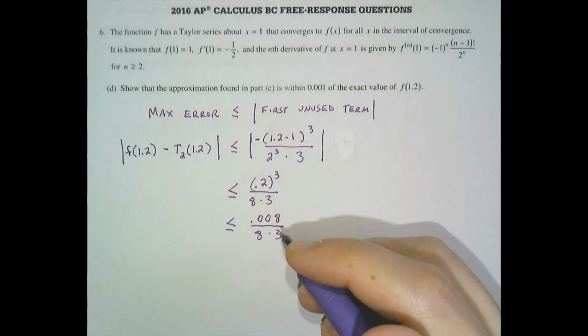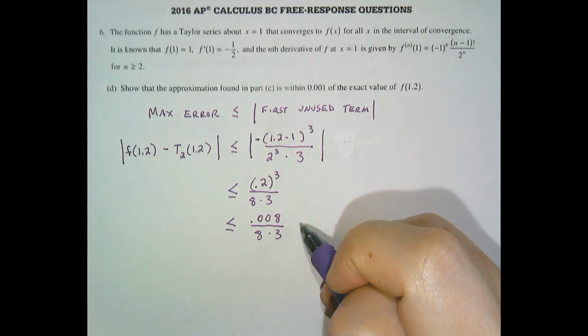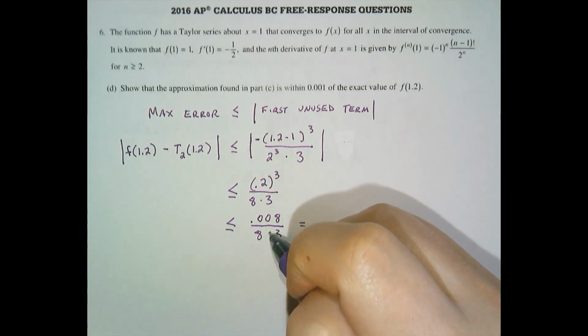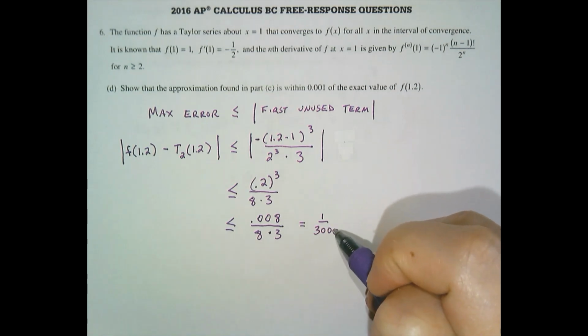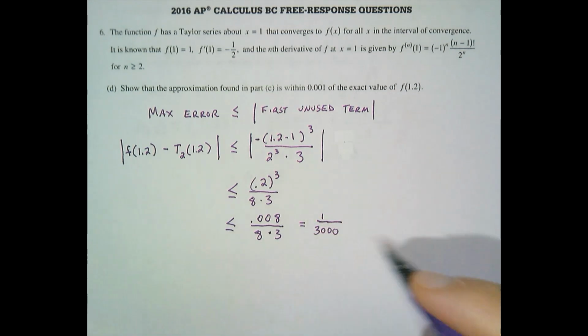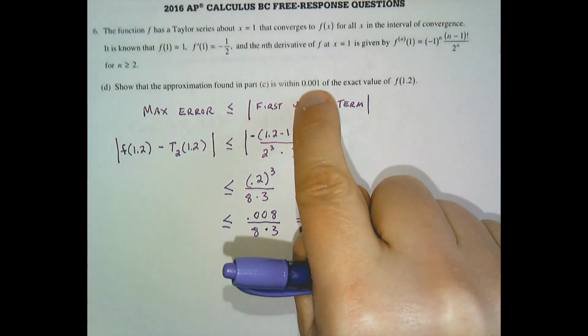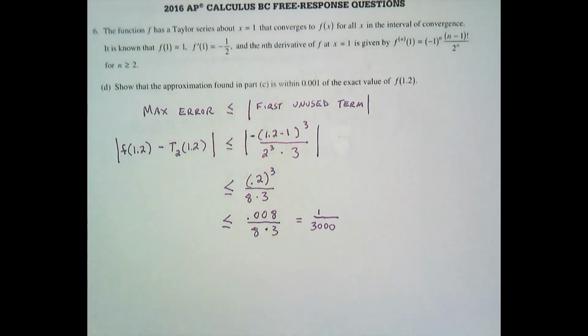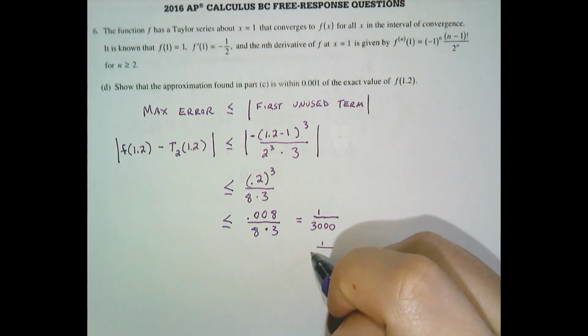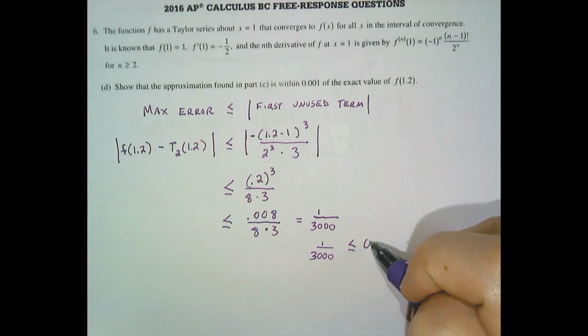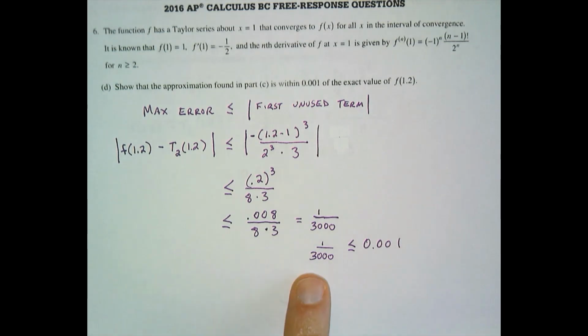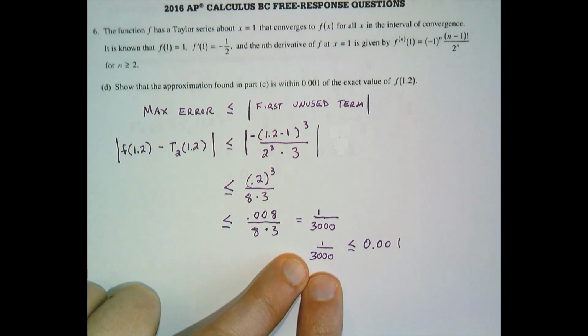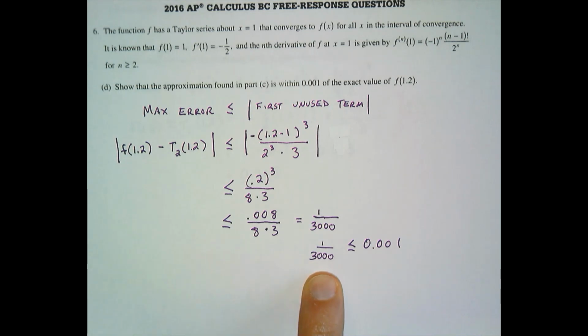And this is equal to, the 8's cancel, and we get 1/3000th. And 1/3000th is smaller than 0.001. So our error, the maximum error we have is 1/3000th, which means our previous answer was within 1/3000th of the true value, which is definitely less than 1/1000th of the true value.